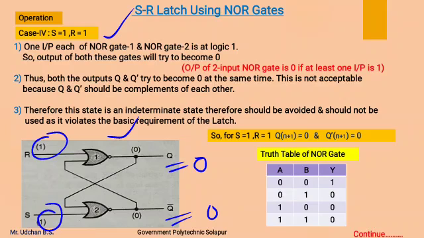So for S equal to 1, R equal to 1, as both the outputs become 0, this state should be prohibited, so it is named as a prohibited state, or this condition is also called a race condition, as both the outputs are racing to become a 0.